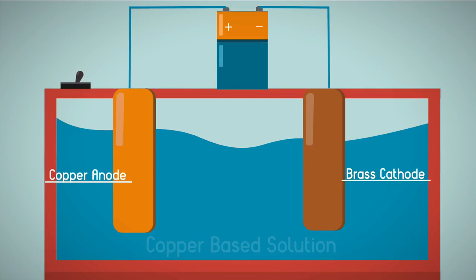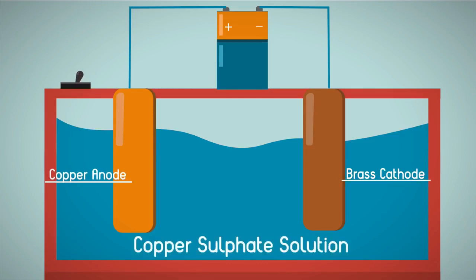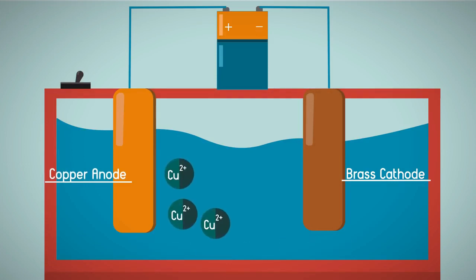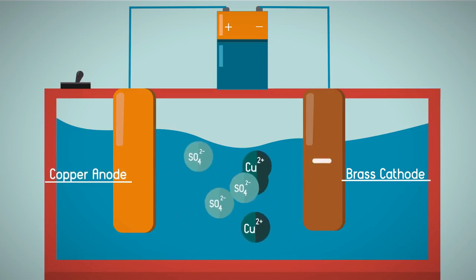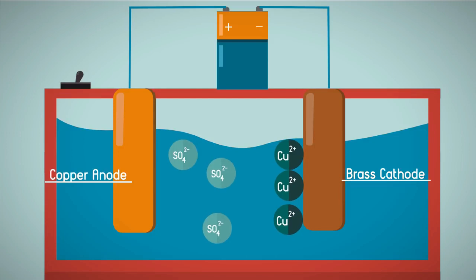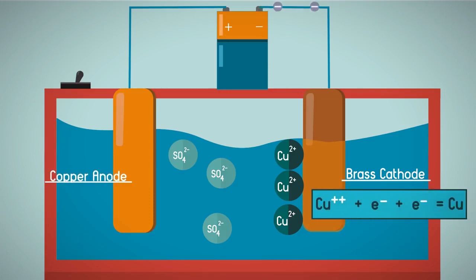So, copper sulfate solution. Copper sulfate solution contains blue copper ions and colourless sulfate ions. The copper ions are positively charged and so are attracted to the negatively charged brass cathode. The copper ions deposit onto the brass, producing the thin copper plate. The positively charged copper ions gain electrons, which is known as reduction.